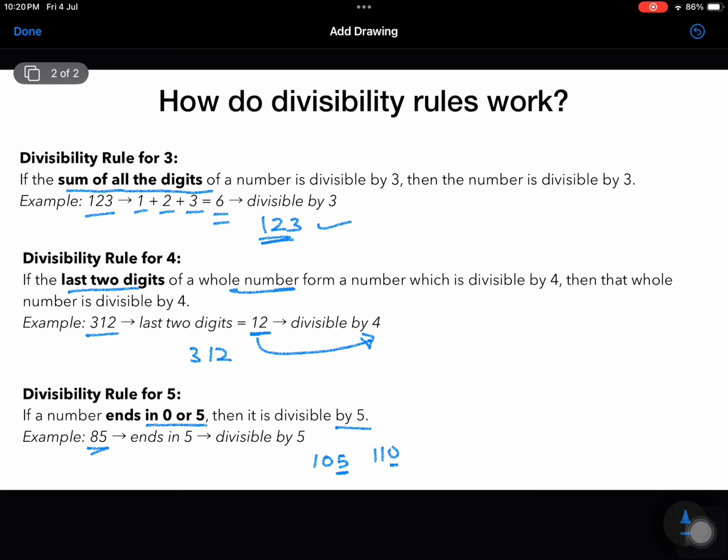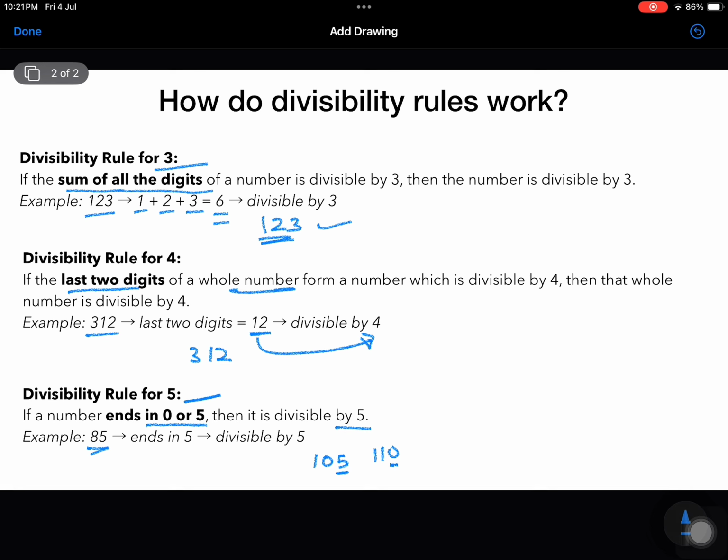Today I will be looking into the divisibility rule for 4 and seeing how it works. We will surely go through the divisibility rules for 3 and 5 in depth as well and see why they work. If you have not thought about why these divisibility rules work, this is a good time to pause the video and think about it.